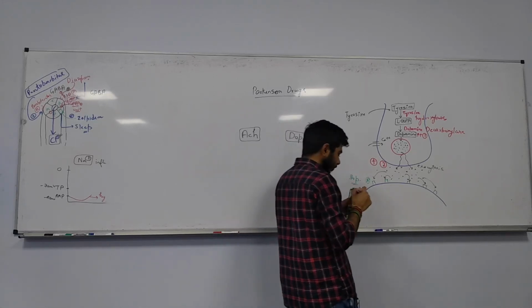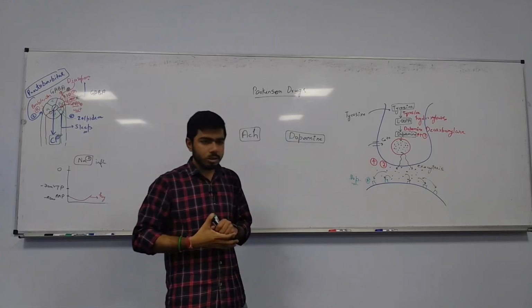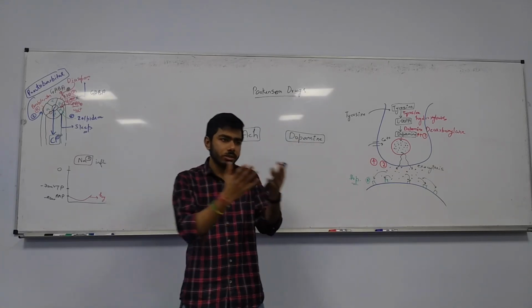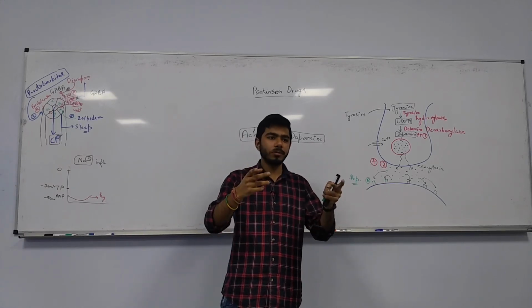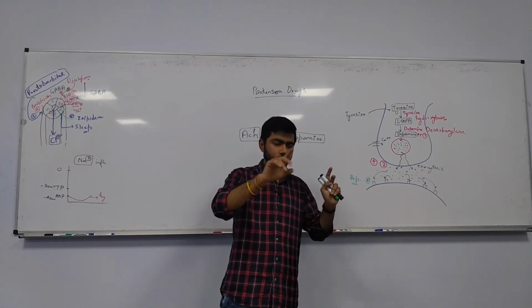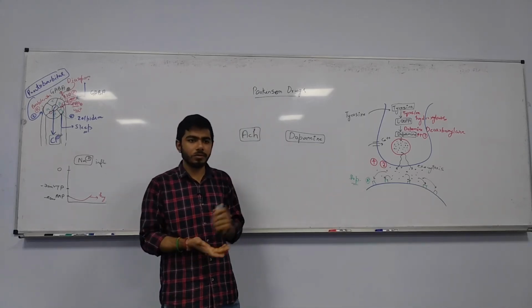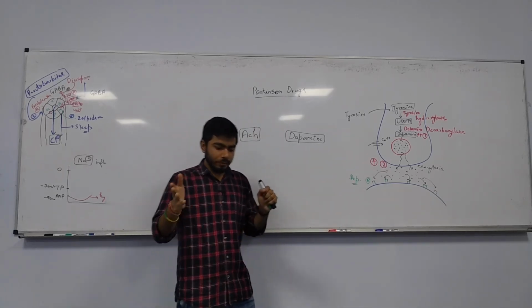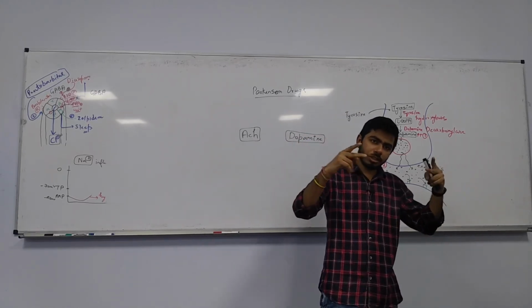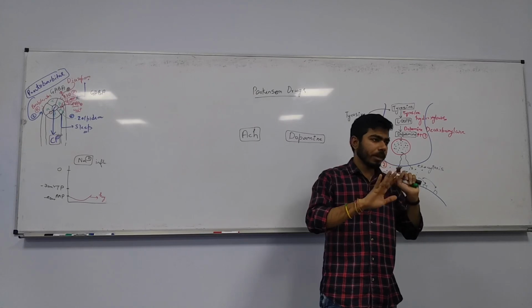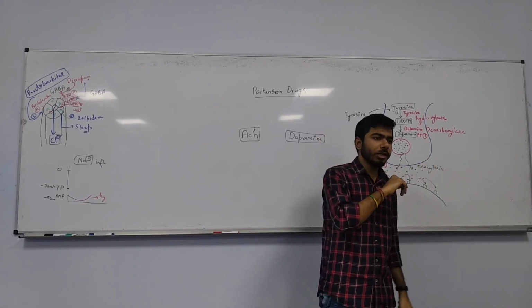Now one more thing. I told you, whenever I was talking about norepinephrine in the adrenergic system, there were some scissors in the synaptic gap. What were these? Yes, COMT, catechol-O-methyltransferase. While I was talking about the cholinergic system, I told you scissors are present there as well in the synaptic gap, and they were breaking down acetylcholine.